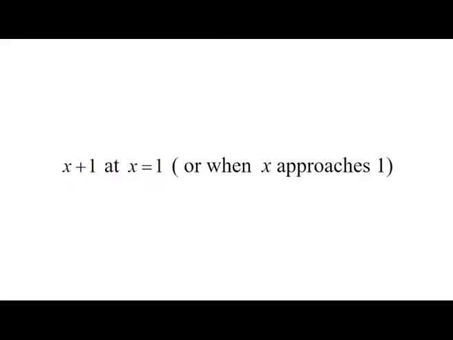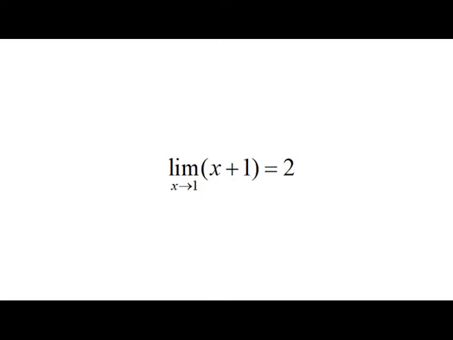Thus, when x approaches 1 from both sides along the x axis, the corresponding values of y equal to x plus 1 approach 2 along the y axis. We call 2 the two-sided limit or simply limit of x plus 1 at x equal to 1 or when x approaches 1. We write this as limit of x plus 1 as x approaches 1 equal to 2.